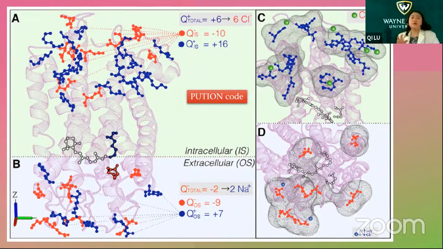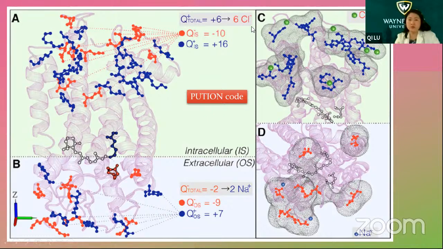For this model, they also analyze the PUTION code, the Prussian code. This code analyzes whether the intracellular part is positively or negatively charged. You calculate all the positive, negative, and the total.